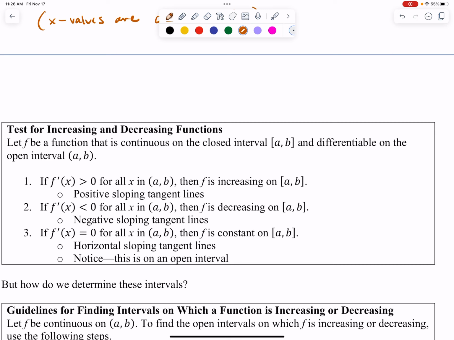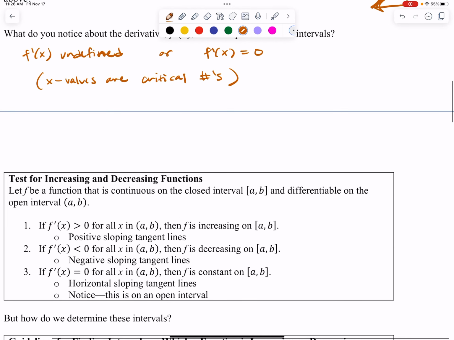And decreasing on the closed interval or constant on the closed interval as long as the function is continuous on the closed interval. You don't have to determine the derivative at those endpoints because the derivative could technically be undefined, like there could be a vertical tangent line at an endpoint, but the function would still be continuous and increasing on the closed interval because f prime would be greater than 0 on the open interval.